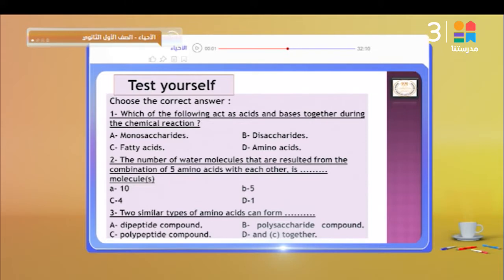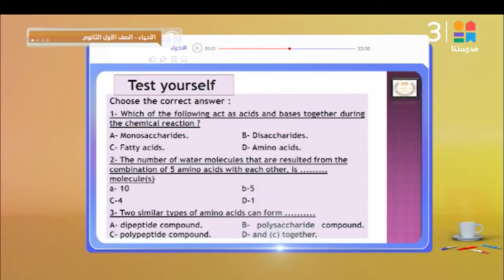Number 3. Two similar types of amino acid can form: A, dipeptide compound; B, polysaccharide compound; C, polypeptide compound; D, A and C together. Let me apply this method and share together. Think, pair, share. Very important point.